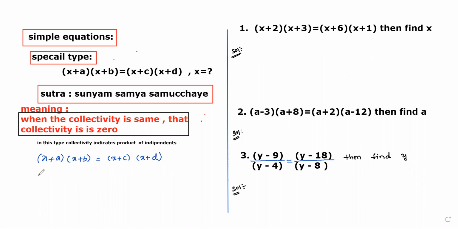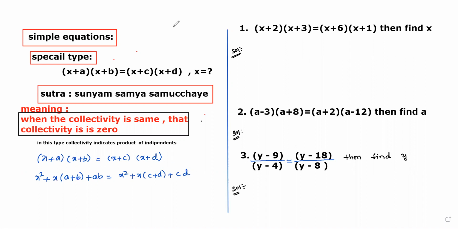After multiplication, you will get x square plus x of (a + b) plus ab equal to x square plus x of (c + d) plus cd.